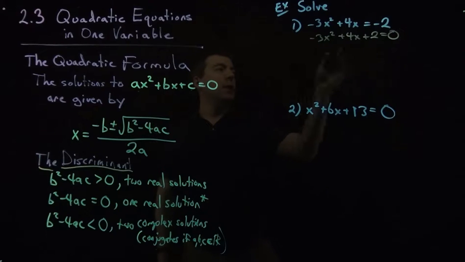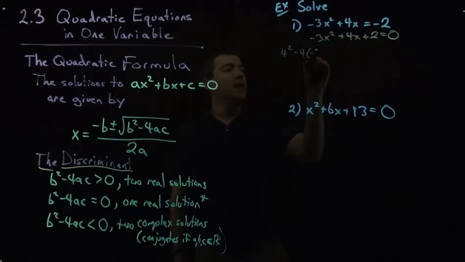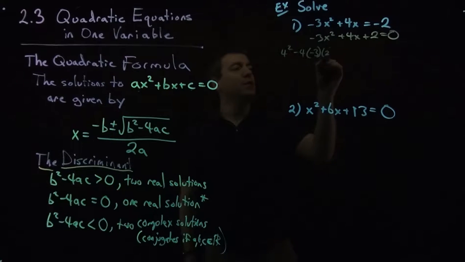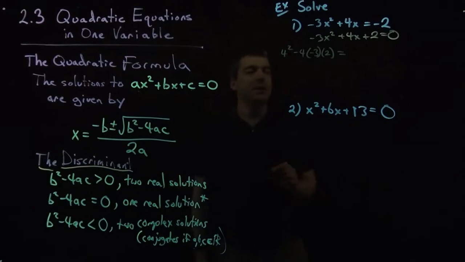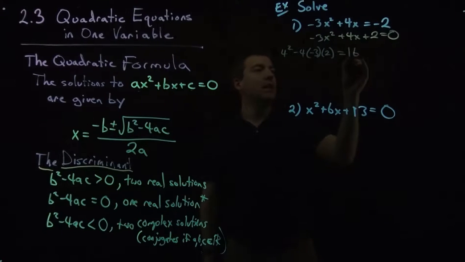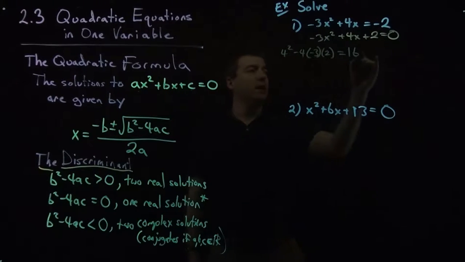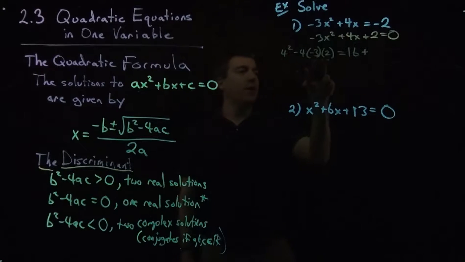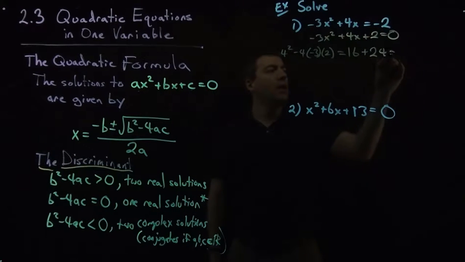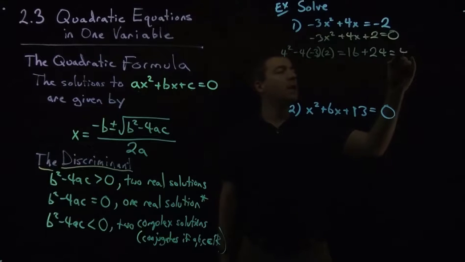So b squared minus 4ac, we've got 4 squared minus 4 times negative 3 times 2. All right, let's see what we get here. So 16, we have minus negative 3, minus is plus, so 4 times 3 is 12, times 2 is 24. That is 40.